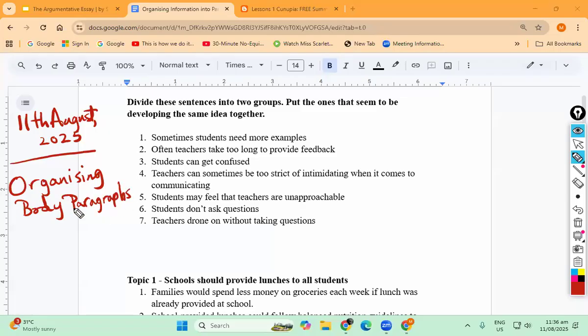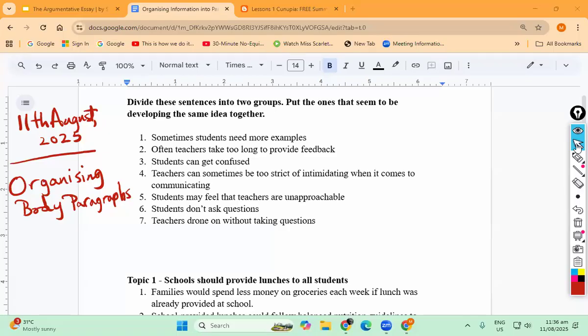The reason is that in general, this is what students have the hardest time with: figuring out how to group related ideas and leave out, or move somewhere else, the ones that are not related. So we're going to go back over something we brushed over at the end of class last week.